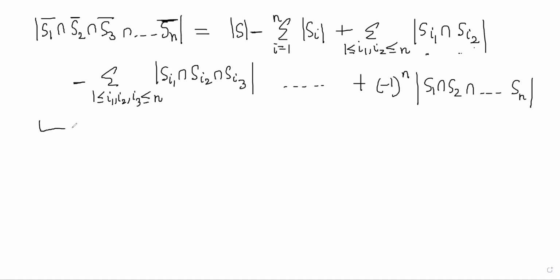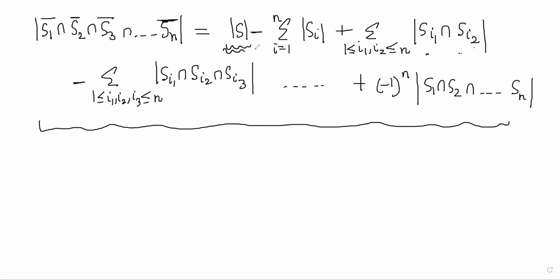So the theorem of inclusion and exclusion is saying this. What are we actually doing here? We are taking the total number of elements in the whole set, right? Then we are subtracting all the elements which satisfy one property, the one property elements, right? So for example, suppose I wanted to find S1 complement intersection S2 complement intersection S3 complement.